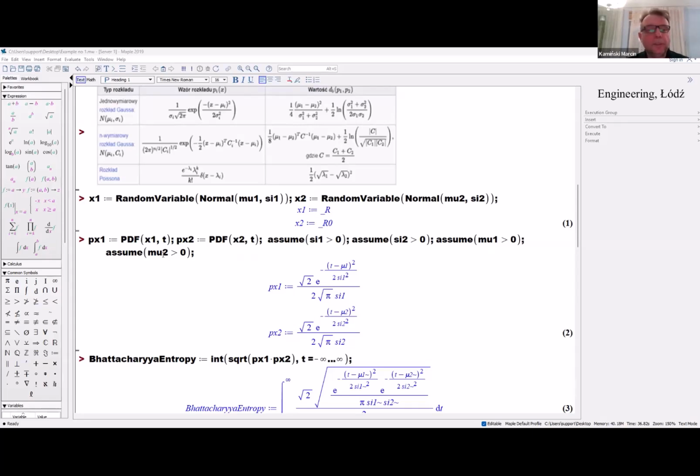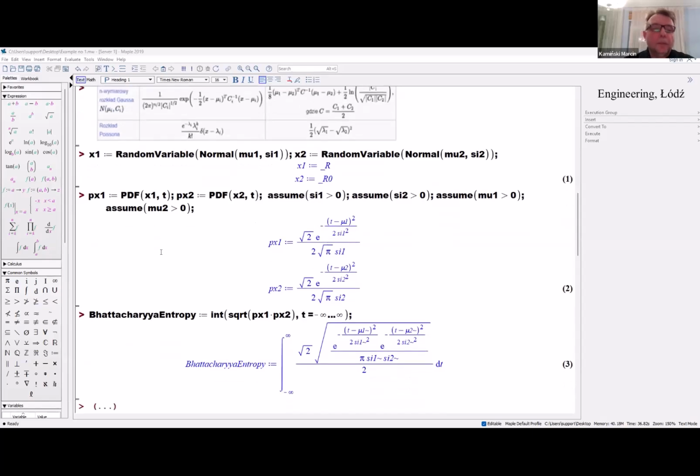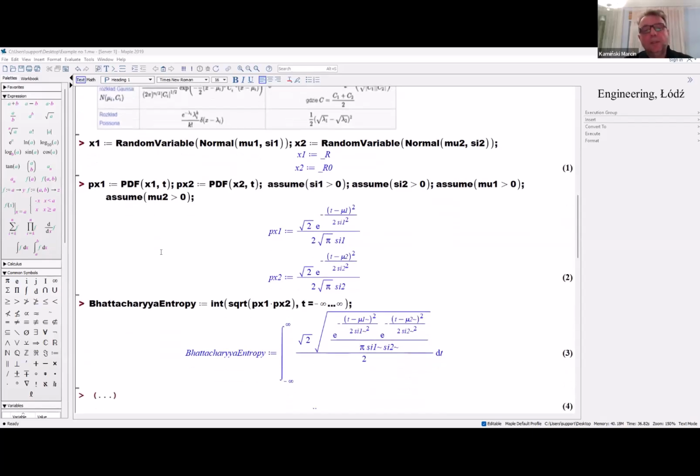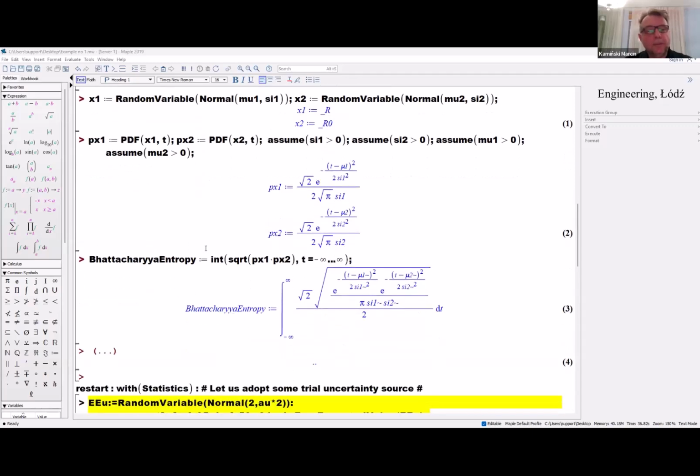One may also assume that expectations are non-negative. And in this case, theoretically speaking, calculations should be successful. Nevertheless, it is not, because the classical formula for Bhattacharyya entropy, which means nothing else than a geometrical mean of a product of two different probability distributions, does not exist.